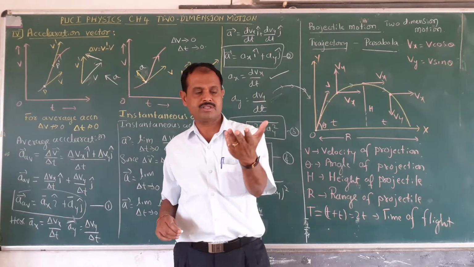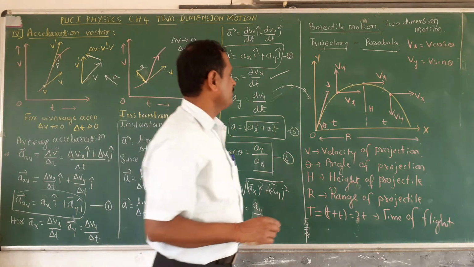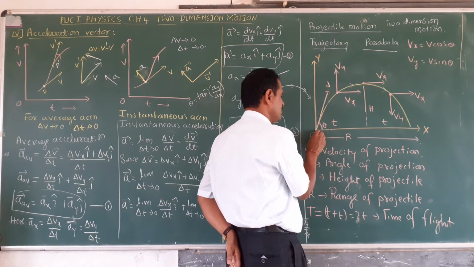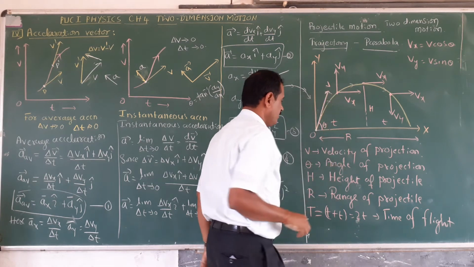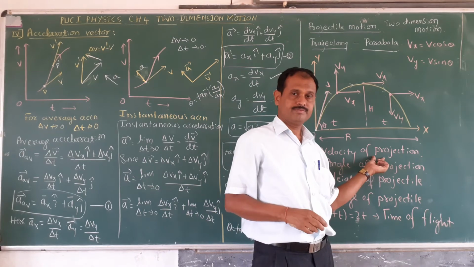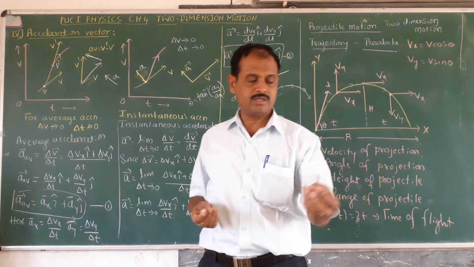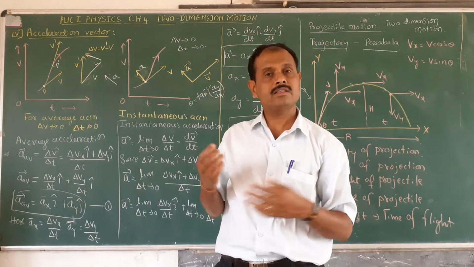It is a two-dimensional motion. Now see here, a body is projected in space with a certain velocity. This is called the velocity of projection.